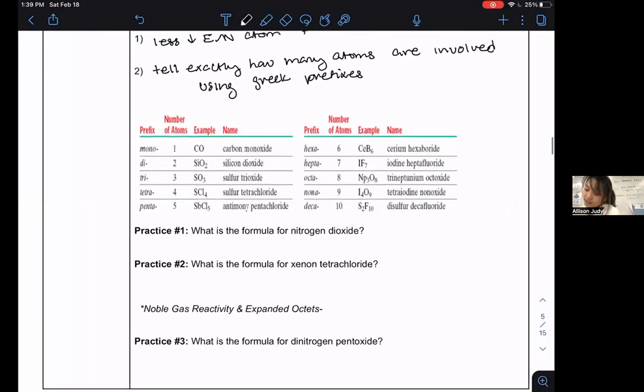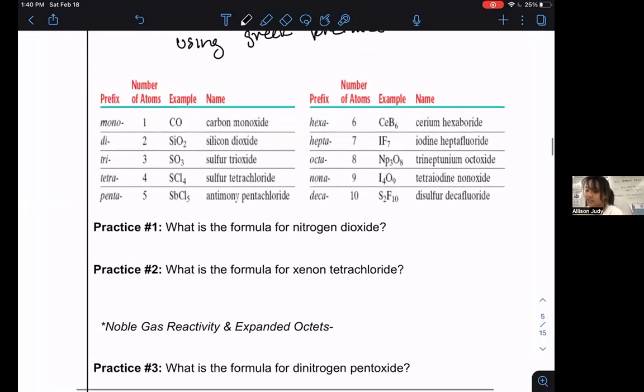So our Greek prefixes are very geometrically connected. Mono means one, di, two, tri, triangle, three, tetra, four, penta, five, hexa, six, hepta, seven, octa, eight, nona, nine, deca, 10. And so what you see is a series of examples.